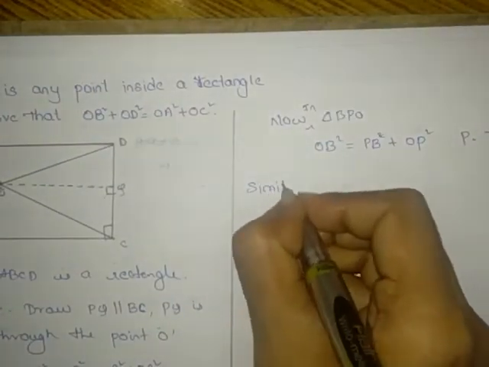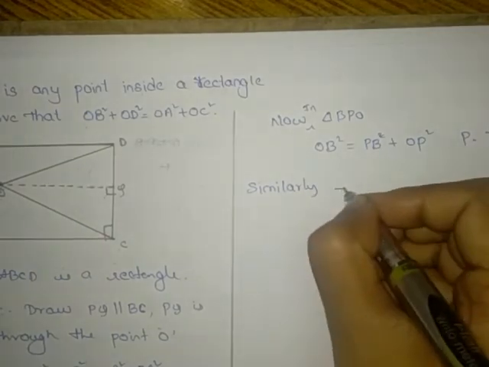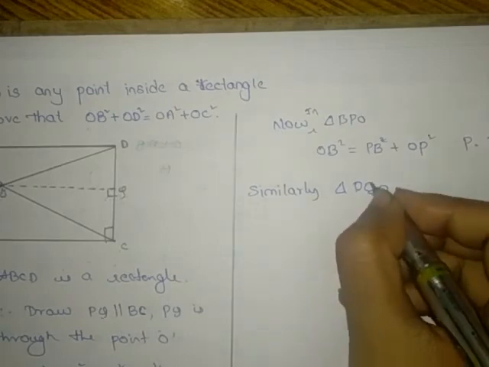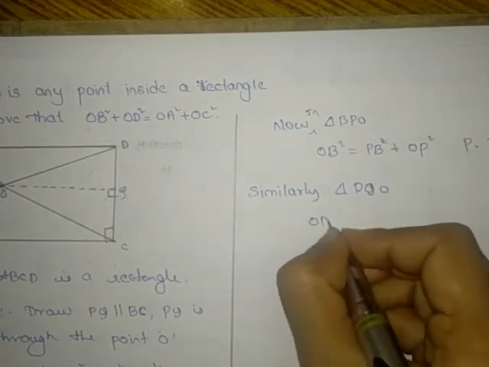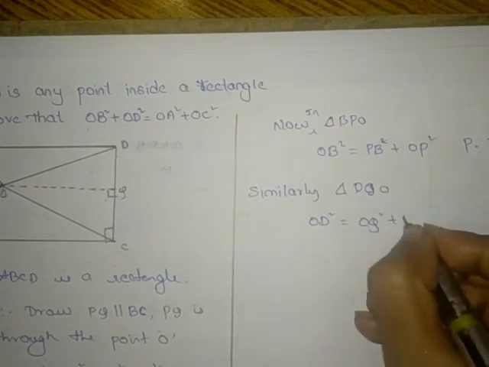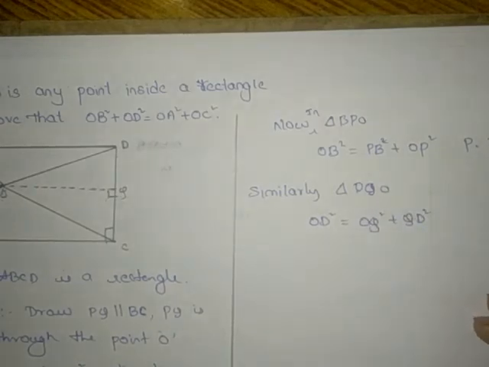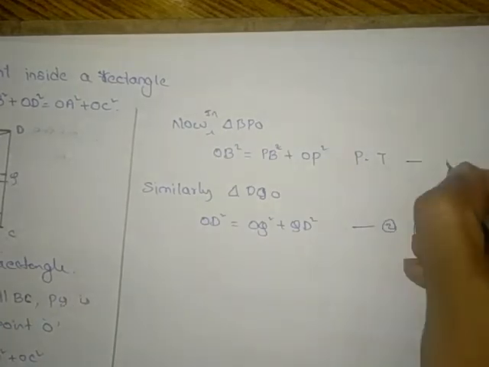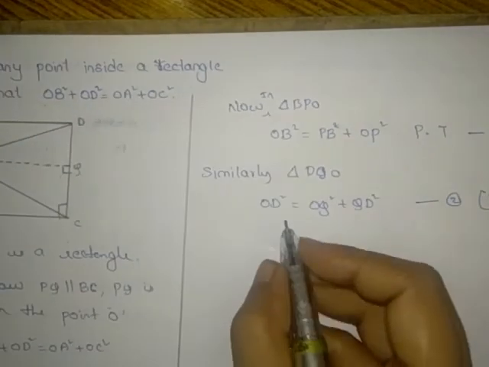Similarly, in triangle OQD, again OD square is equal to OQ square plus QD square, isn't it? We'll call this equation 2. This is again by Pythagoras theorem. Even this is also by Pythagoras theorem, we'll call it equation 1.